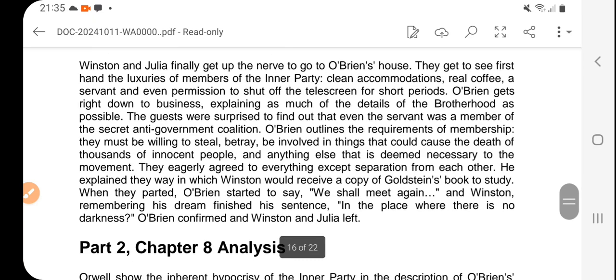Now chapter 8. Winston and Julia finally get up the nerve to go to O'Brien's house, and they get to see firsthand the luxuries of members of the inner party.